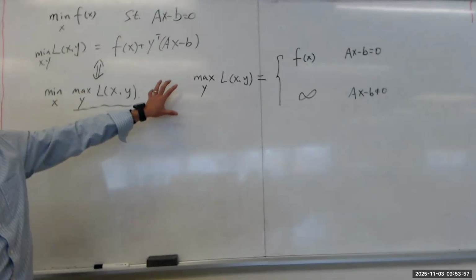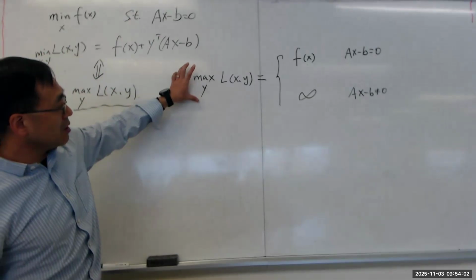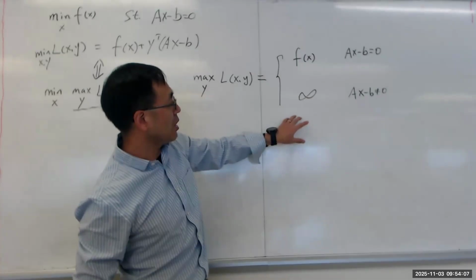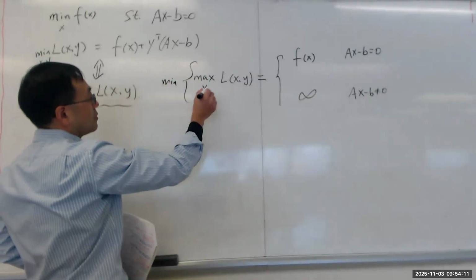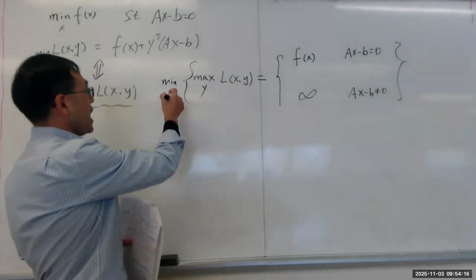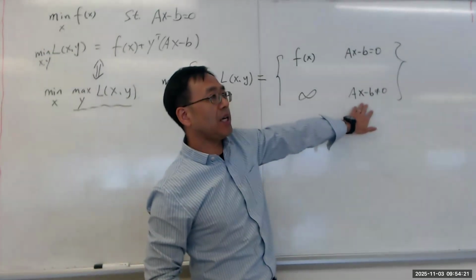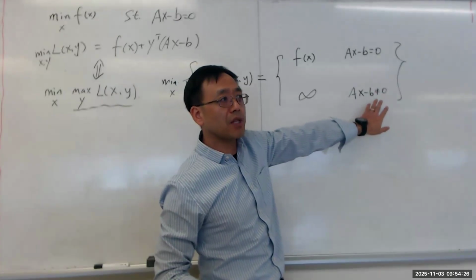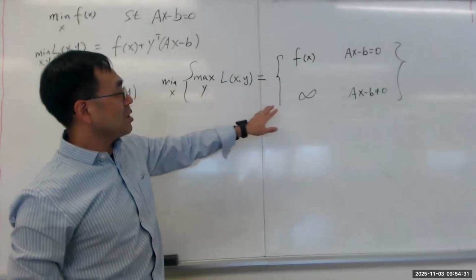So therefore, these problems are equivalent. Everybody follow me? This function is the maximum of L(x, y) with respect to y. This is what we got. We have two scenarios. If you want to minimize this thing with respect to x, x cannot be in the set where Ax minus b is not equal to 0, because if it is not 0, then no matter what x you choose, your minimization is infinity.